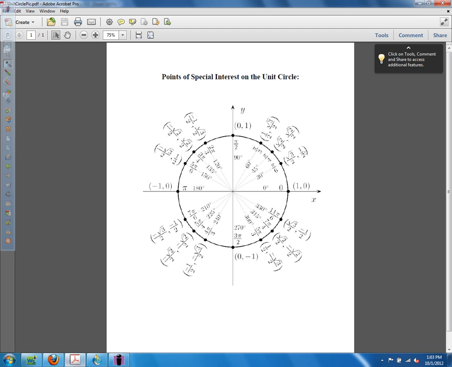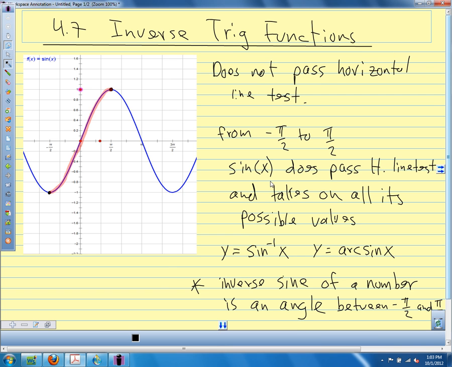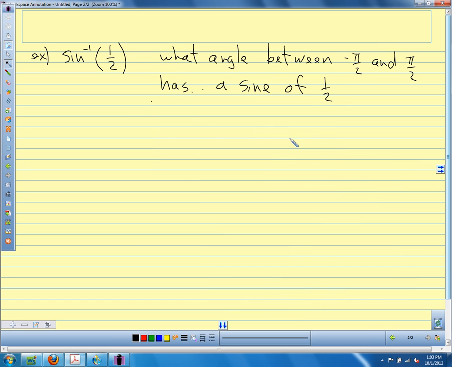So the inverse sine of 1/2 is pi over 6 or 30 degrees. So this is 30 degrees or pi over 6.